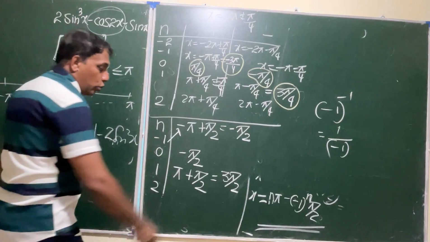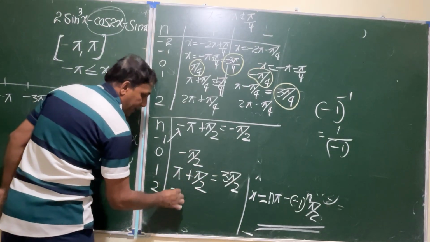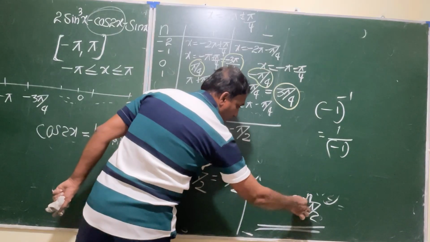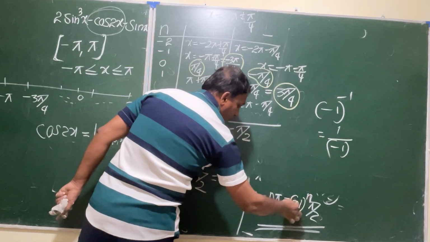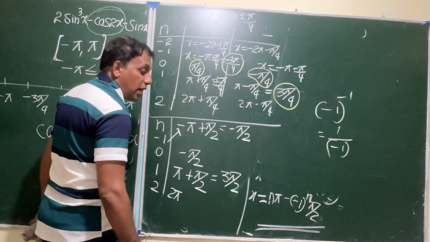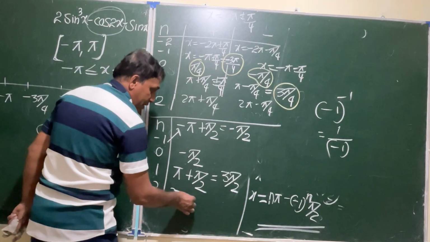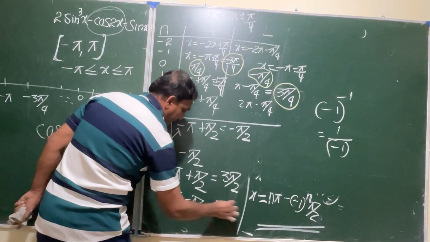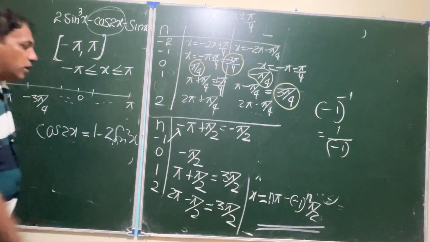But now n is 2, 2 pi: minus 1 to an even power is positive, so we get 3 pi by 2 once again, no chance, and similarly for many more.